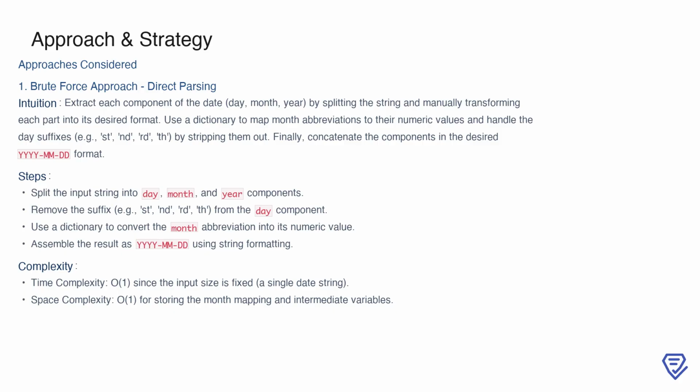Once these components are processed, they can be concatenated into the desired format, YYYY-MM-DD, using basic string formatting. This approach is efficient in terms of time and space complexity because the input size is fixed, a single date string. However, it does involve manually handling suffix removal and formatting, which, while simple, might not scale well for variations in date formats.